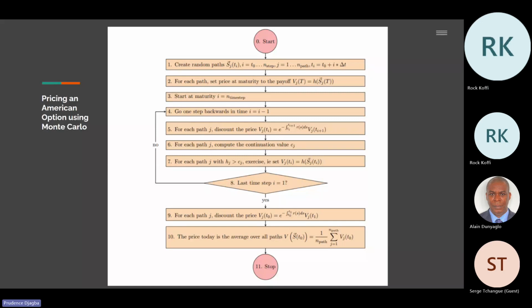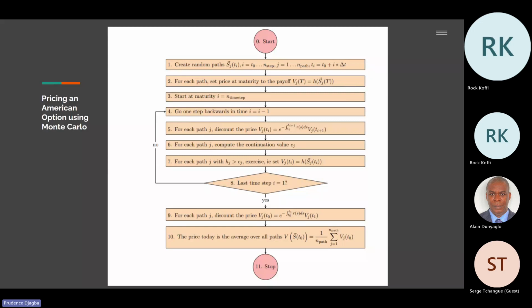It is this expectation that we're going to estimate by using linear regression. And afterwards, we compare the cash flow exercise at time t with the continuation value at time t.